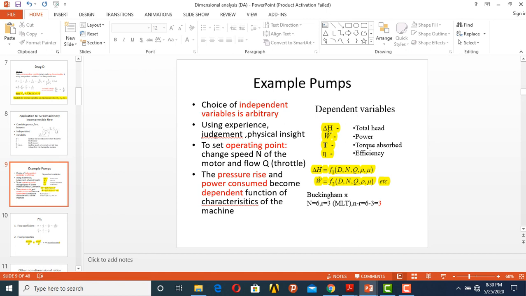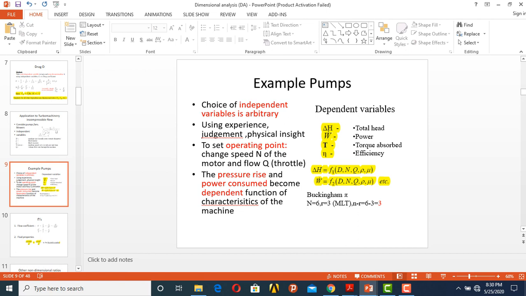Also power is a function of density, volumetric flow rate, speed of the pump, diameter, as well as dynamic viscosity.